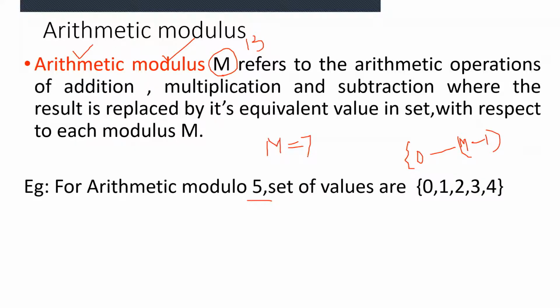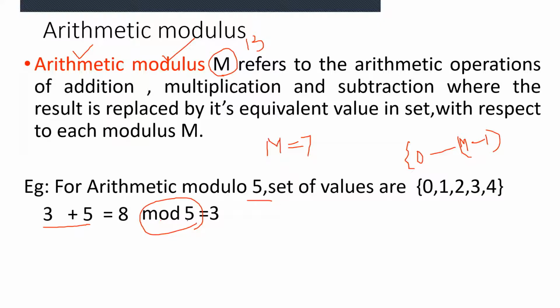Now you are going to perform the arithmetic modulus. Suppose I did addition, just 3 plus 5. Any numbers you can add. 3 plus 5 is 8. But when you find arithmetic modulus with 5, 8 is not the correct answer. After doing the arithmetic operation, you have to find mod with 5.